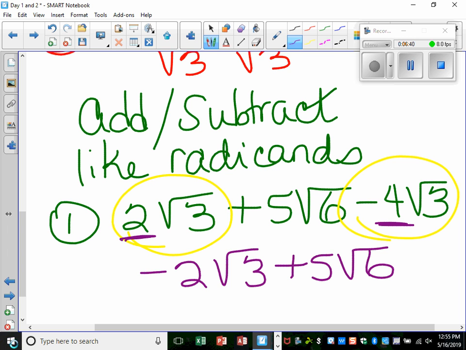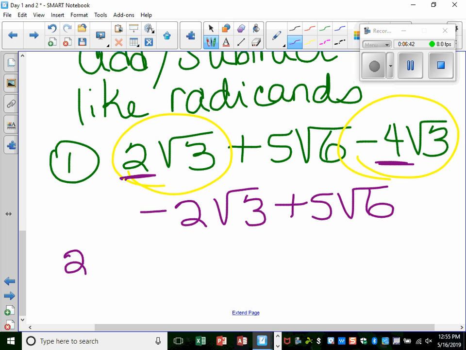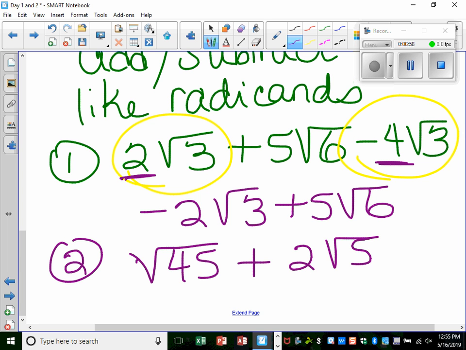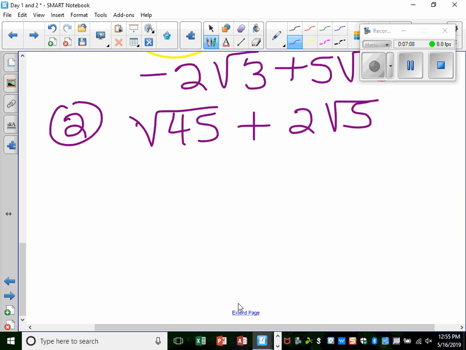All right. Okay, we're going to do one more. All right, now sometimes you might have to simplify the radical first. Let's say you had something like rad 45 plus 2 rad 5. So you can tell that 45 is not in its simplest form. It has a perfect square in it as a factor, which is 9.